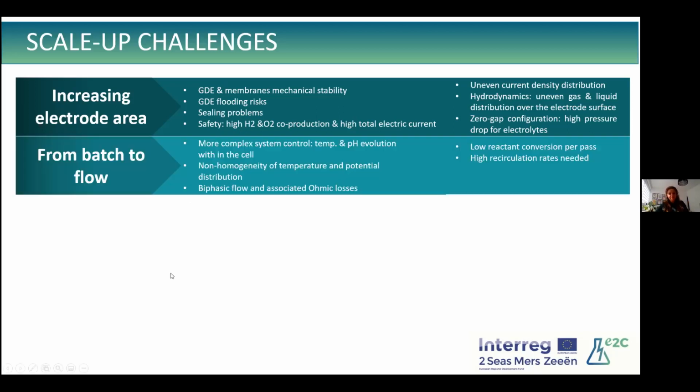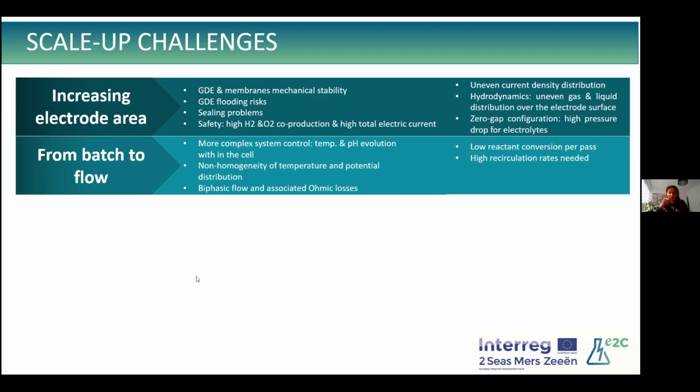Some of the other challenges are associated to the mode of operation. Also, Thijs mentioned this, going from batch reactors to flow or continuous reactors can increase the complexity of the system. For instance, if we have to control the temperature and the pressure, this whole control becomes more difficult.